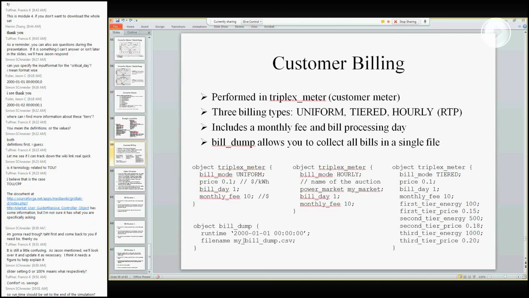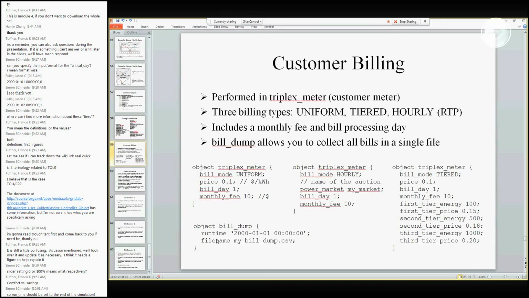So this bill dump is scheduled to basically capture the bills once per month. So for example, if you were running an annual simulation, you would want to capture this at the end of every single month. So for example, if you're looking at this runtime right here of 2000-01-01 at midnight, this is actually going to capture the bill for December of 1999 because it's always going to be looking at what the last customer's bill was, because you don't actually know what the current customer bill is because it's being formulated right now.